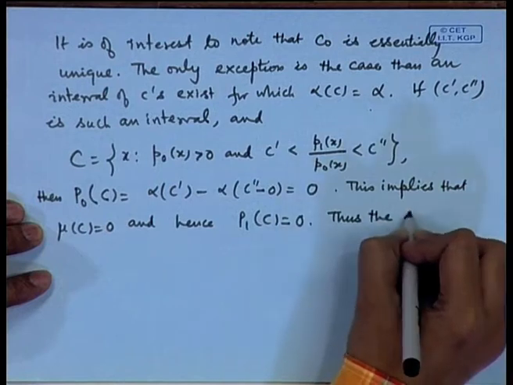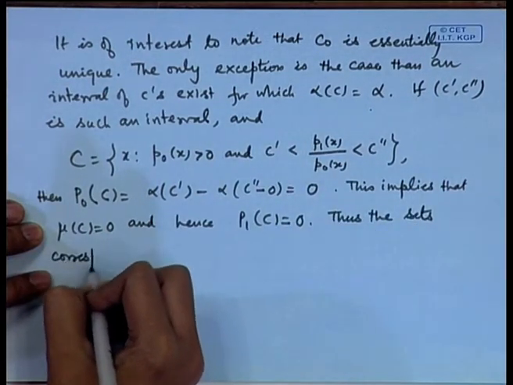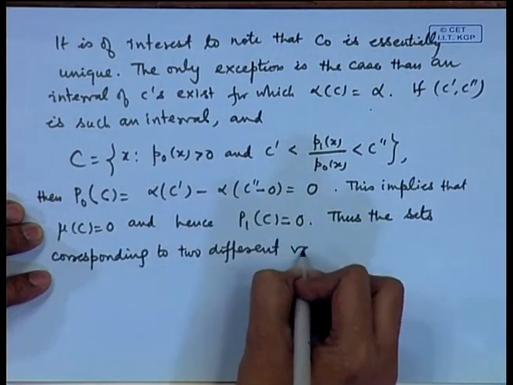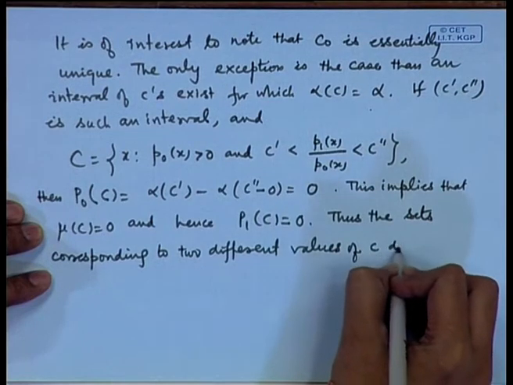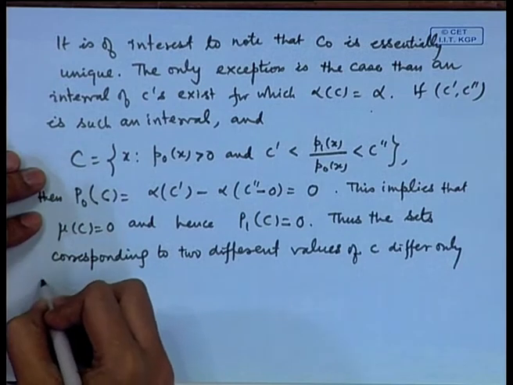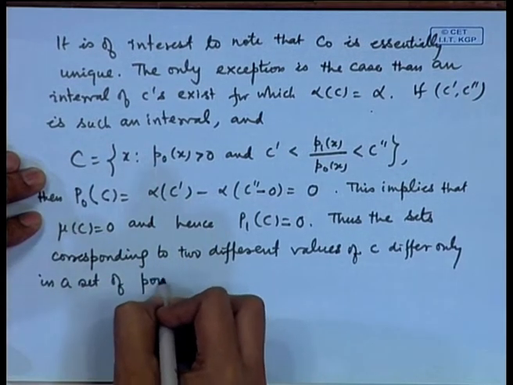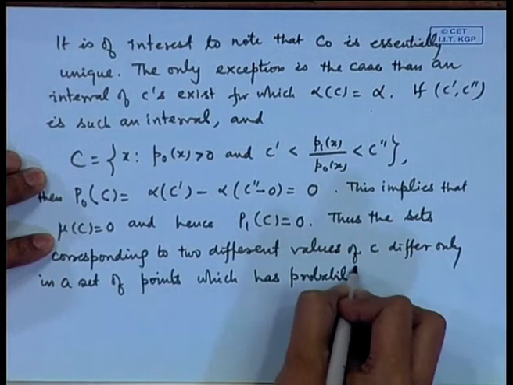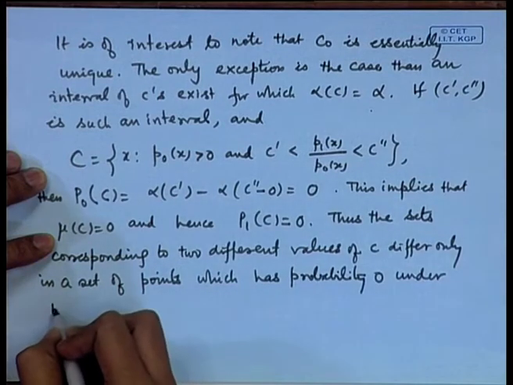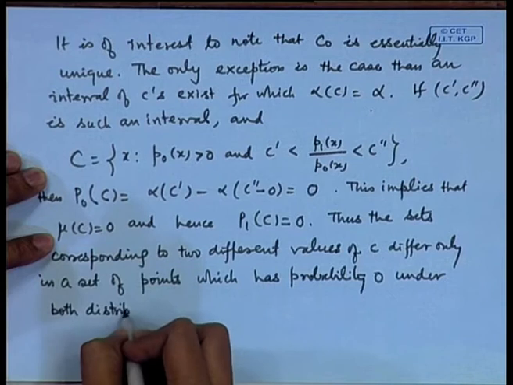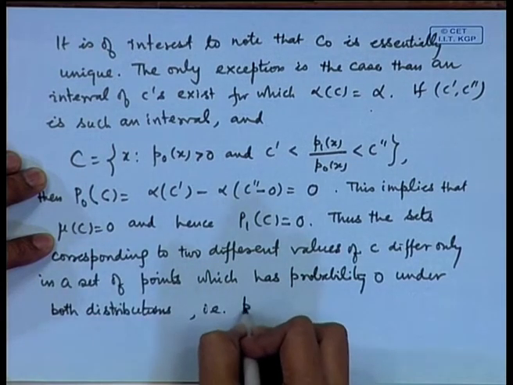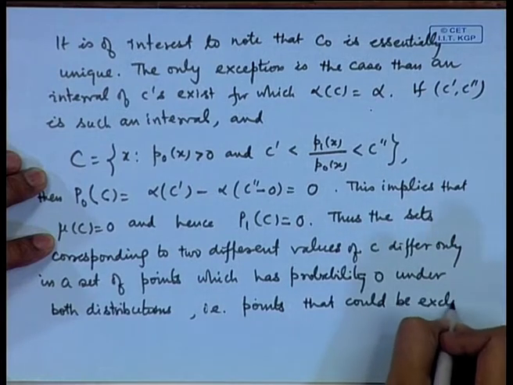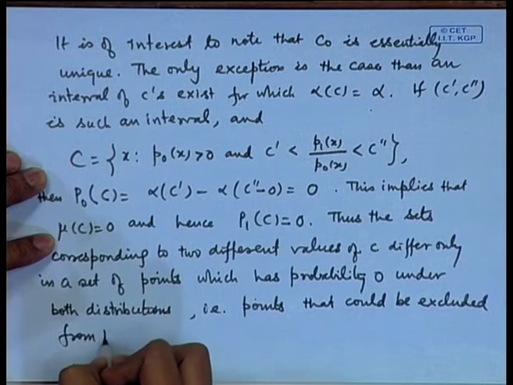Thus, the sets corresponding to two different values of C differ only in a set of points which has probability 0 under both distributions, that is, points that could be excluded from the sample space.